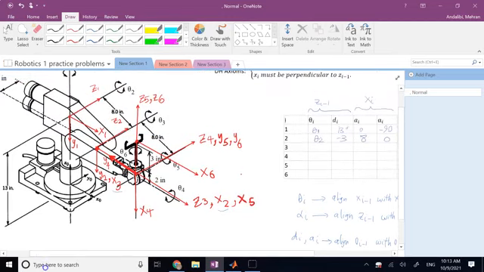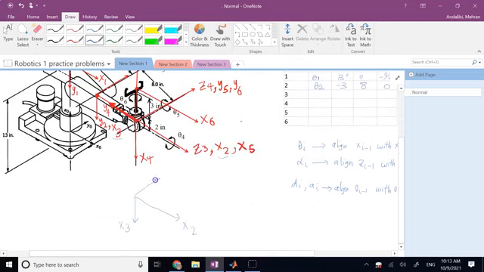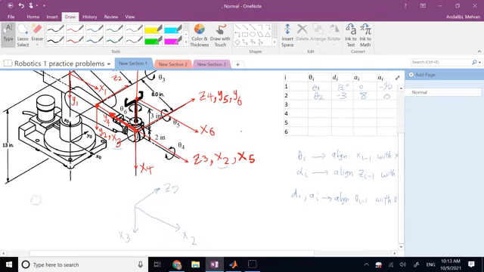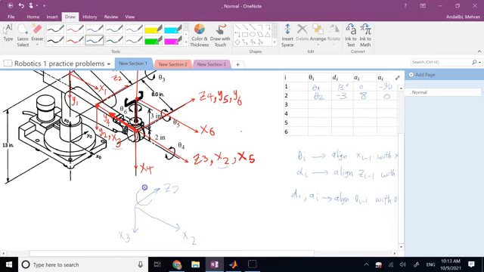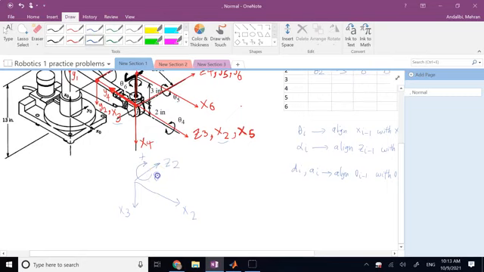And this is your z2, for which a positive rotation means something like this. So before I do anything, before even this rotation theta 3 happens, I first need to align x2 and x3.